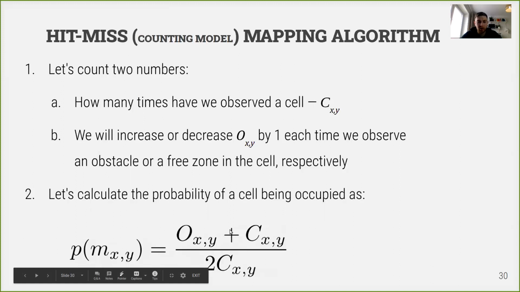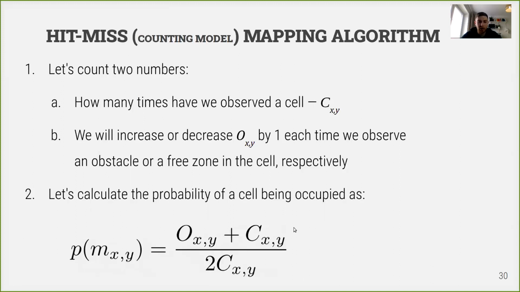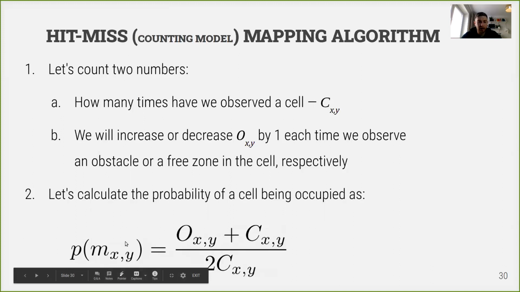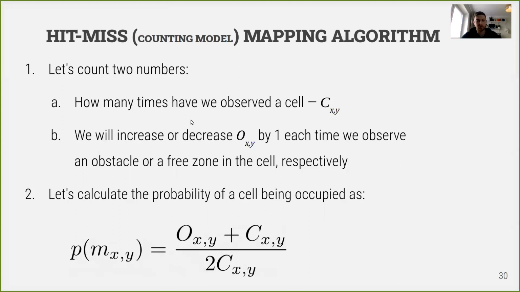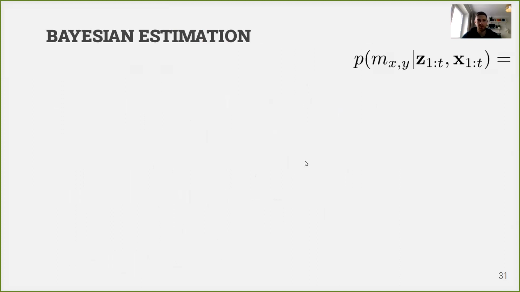It's quite simple. It is all about frequency, how many times we have seen an obstacle in this particular cell, and this gives us the probability of an obstacle being in this cell. This algorithm really works. It doesn't work in complex environments, but still it's quite straightforward. It's really computationally efficient because everything we have to compute is just 2 numbers. So you can use these simple algorithms.